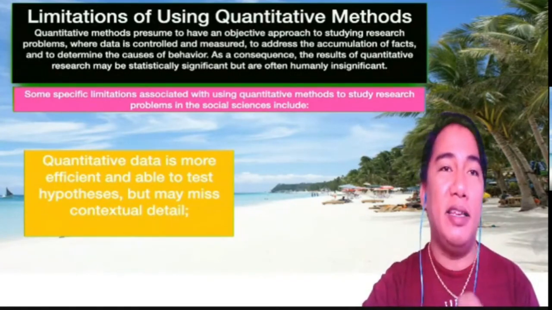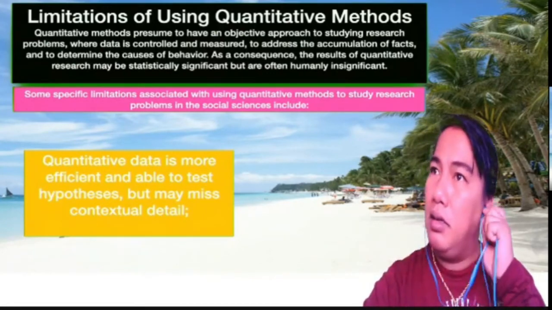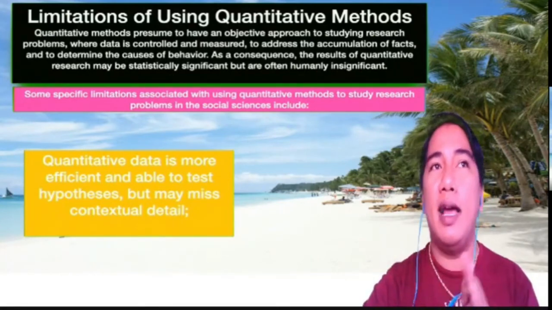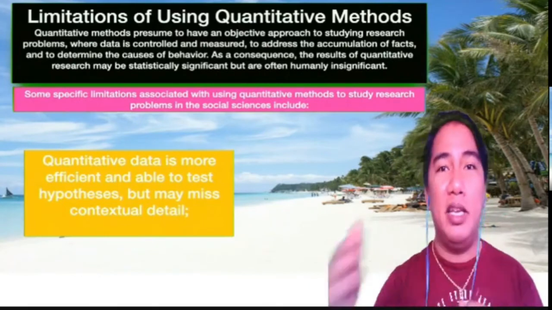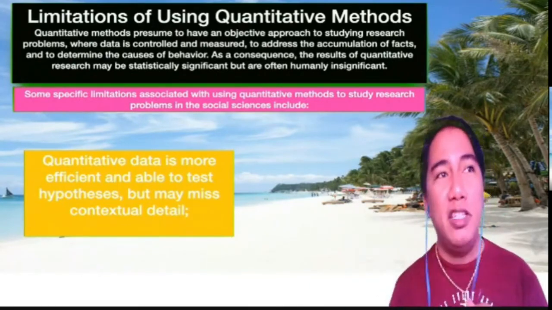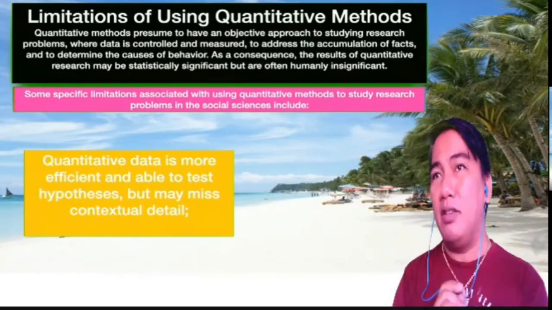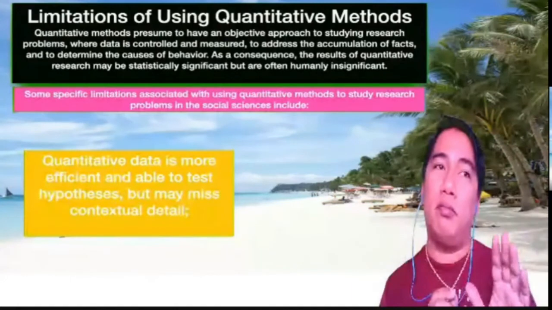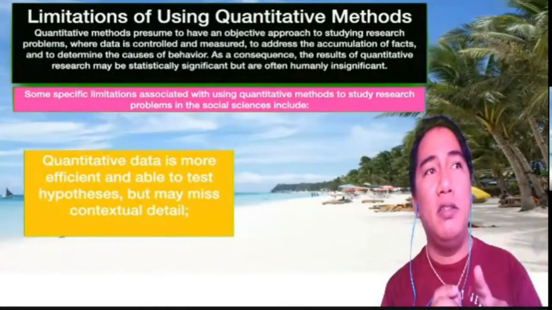Bakit niya nasabi yun? For example, approved dito sa taong to, sa kanila naman hindi. Ba't niya binigyan ng 1? Nakita mo sa iyong data, sa questionnaire, may sumagot ng 1 at yung isa naman, at karamihan sumagot ng 5. Kumbaga, out of 100, may sumagot ng 1.